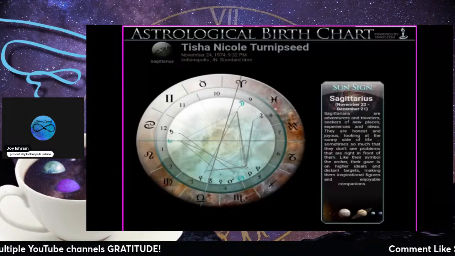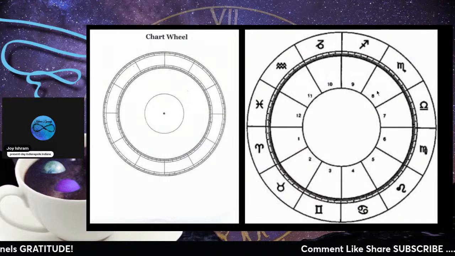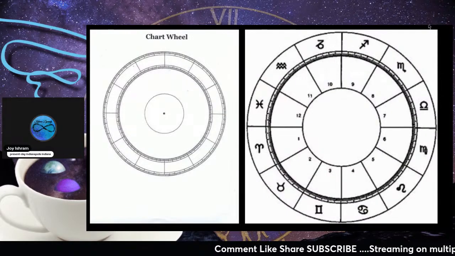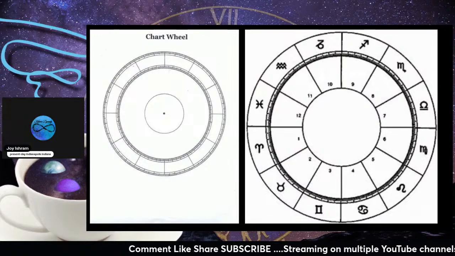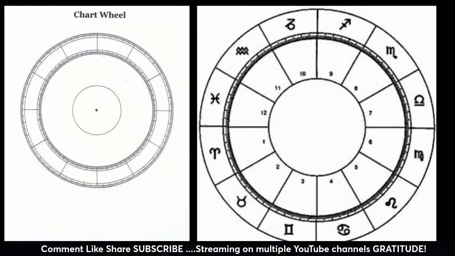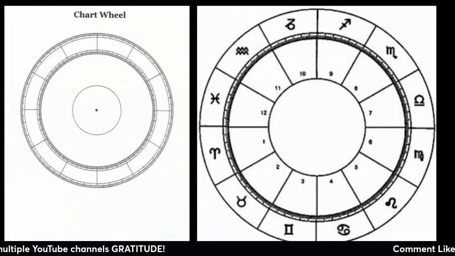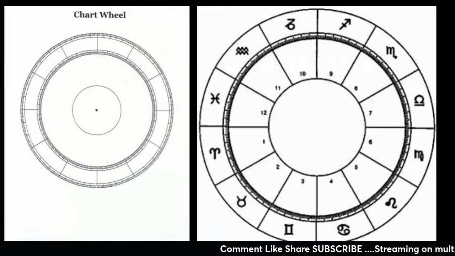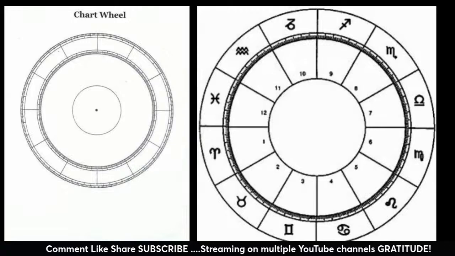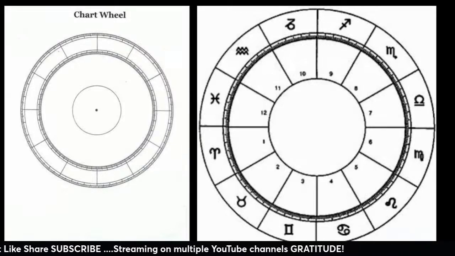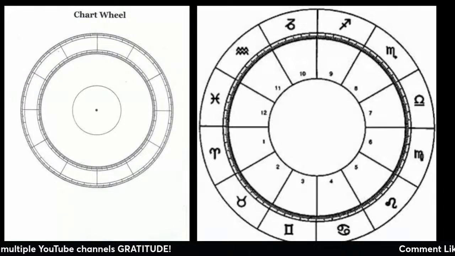Moving forward here. Now, these are a few examples of the chart wheel. Okay. So this gives you more of a look at what to expect in creating your birth chart, your chart wheel, because some of you will have the activity chart because you don't want to do a birth chart wheel, and or you don't have enough information quite yet to have the chart wheel you want.